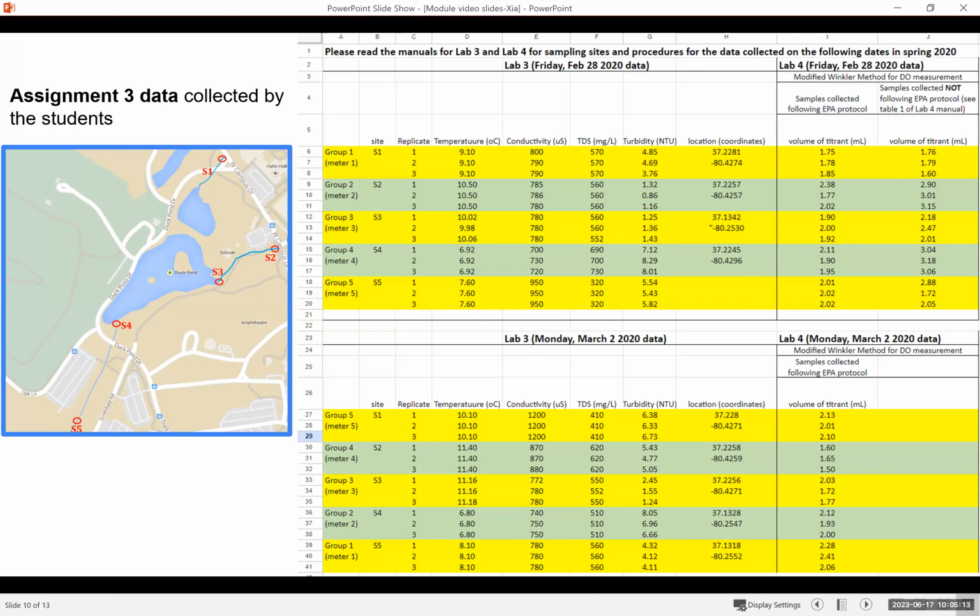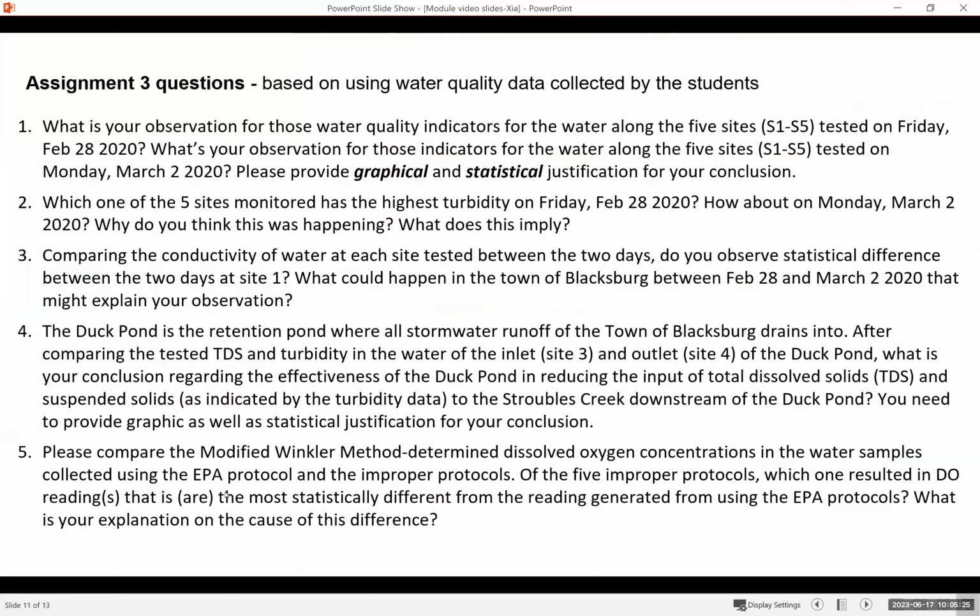And so they conducted monitoring analysis on 1 day, and 3 days later, they went back and collected water samples and tested again. So here's an example of the questions that I asked them, all of which are around analysis of the data set using ANOVA or t-test.